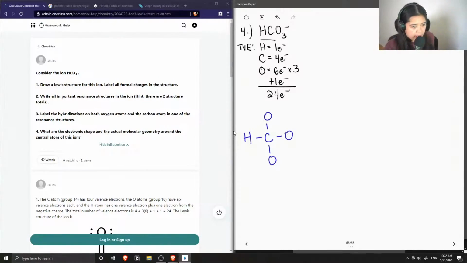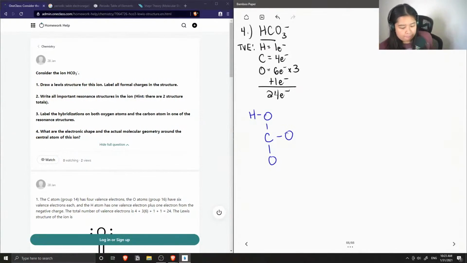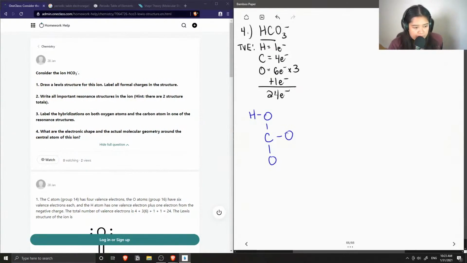So notice that carbon already has a full octet, but if I were to calculate the formal charges of all of these oxygens, they would all have a negative charge. So therefore, I know that my hydrogen would most likely be bonded to one of my oxygens like this, and that one of the oxygens will have a double bond. So let's draw the double bond here.